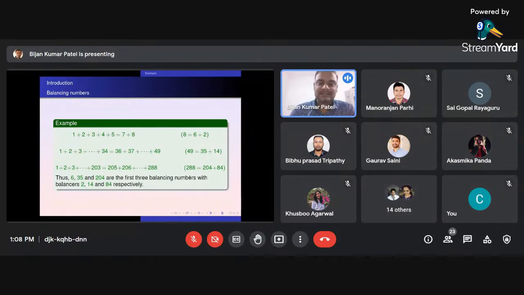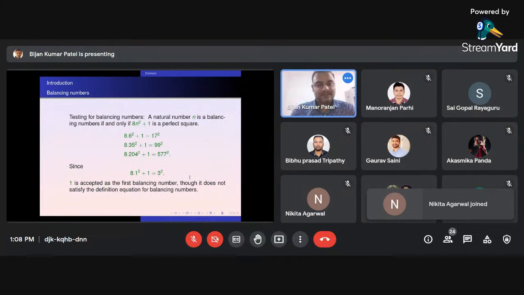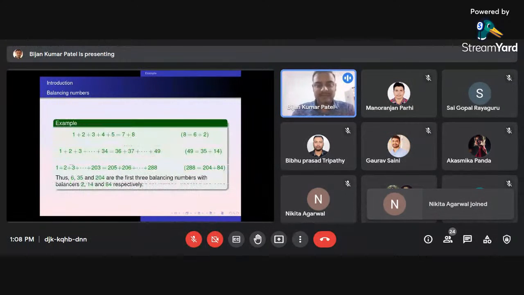So basically 6 is the solution and 6 is the balancing number. Similarly, the second balancing number is 35, and the next one is 204. And this sequence goes on like that, after 204, 1189, 6930.